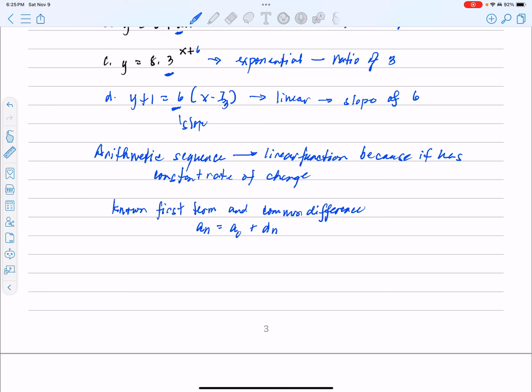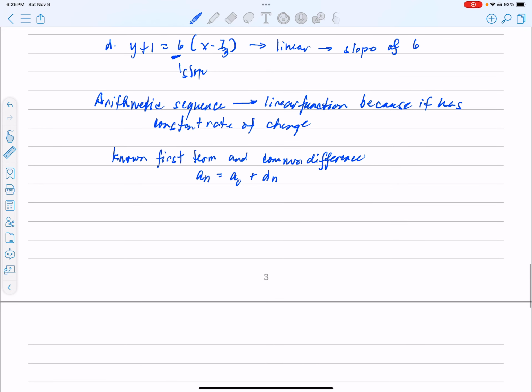When any term and common difference are known, what are we going to use?